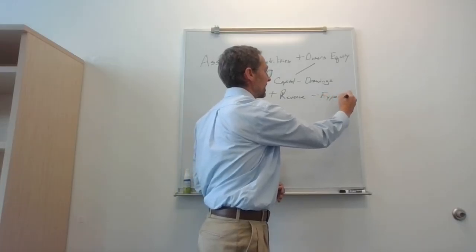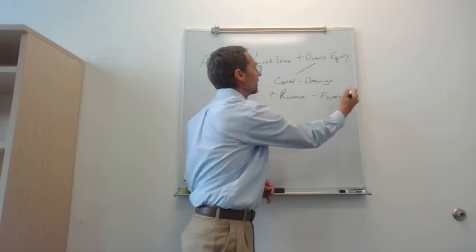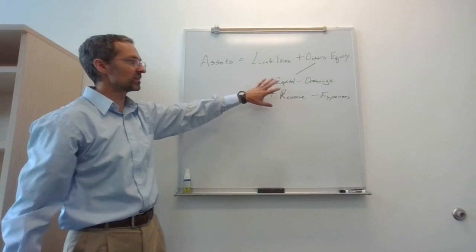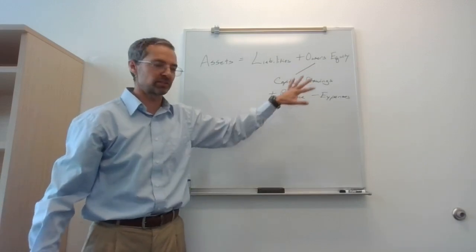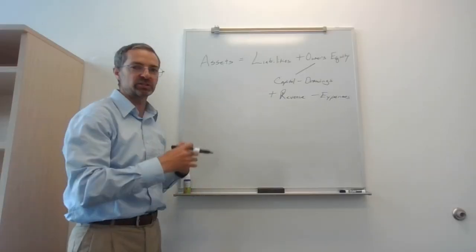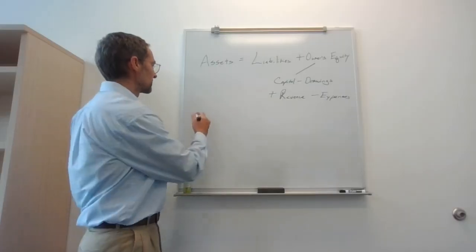So we can expand the owner's equity section to all of these different parts. So what I like to do is I usually like to expand my formula to include those things.